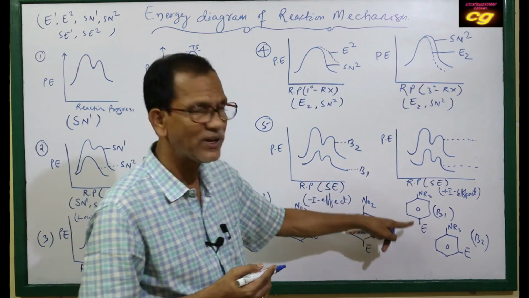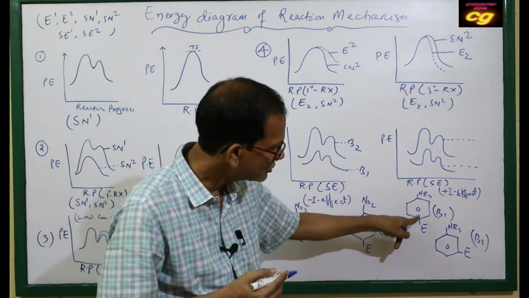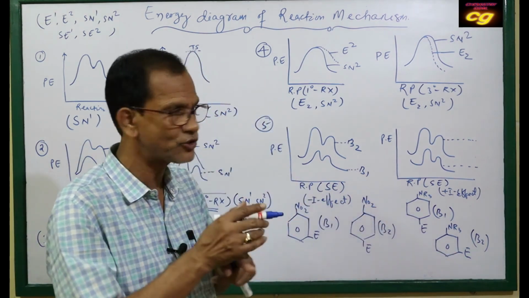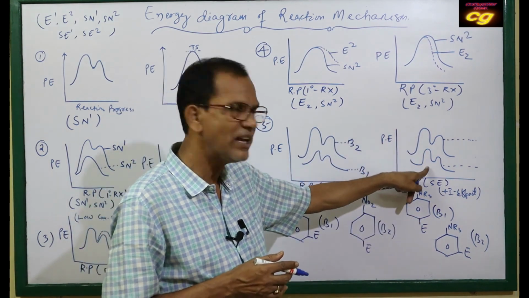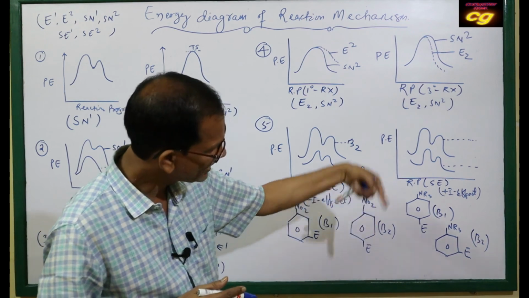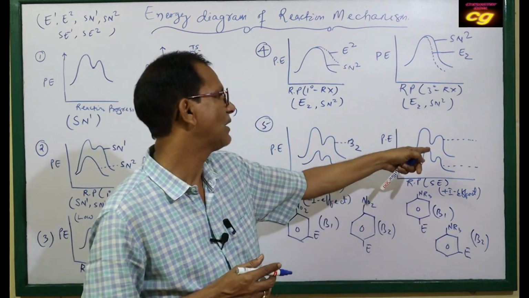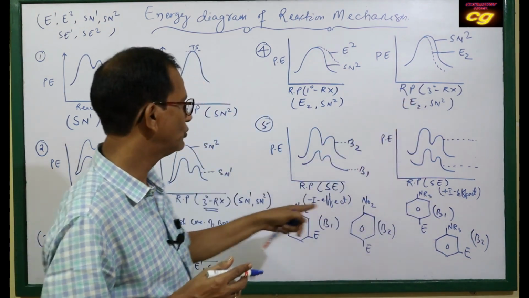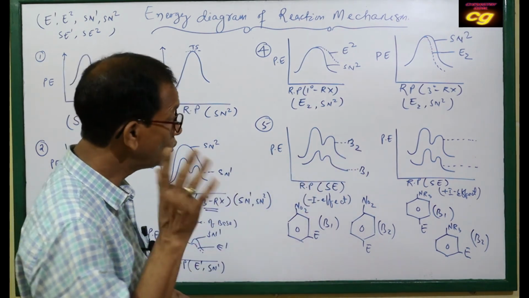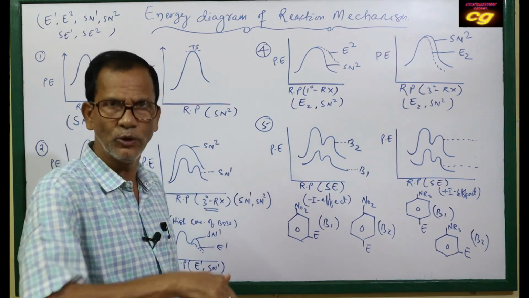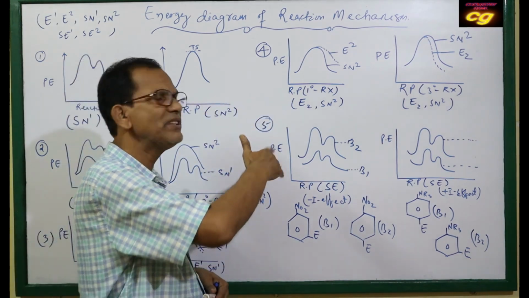So which is faster, whether B1 or B2? If it is faster, the graph will be the lower energy graph. If it is slower, the graph will be the higher energy graph. So accordingly, first you will see which is faster. Faster means below and slower means above.